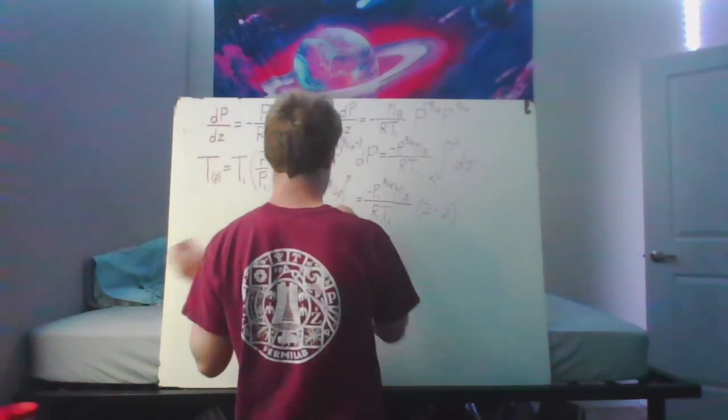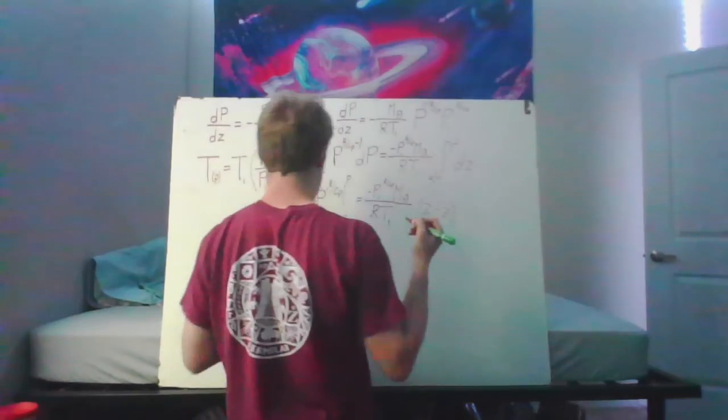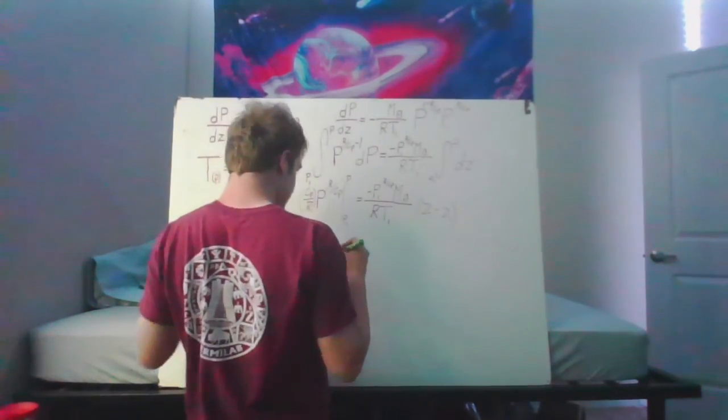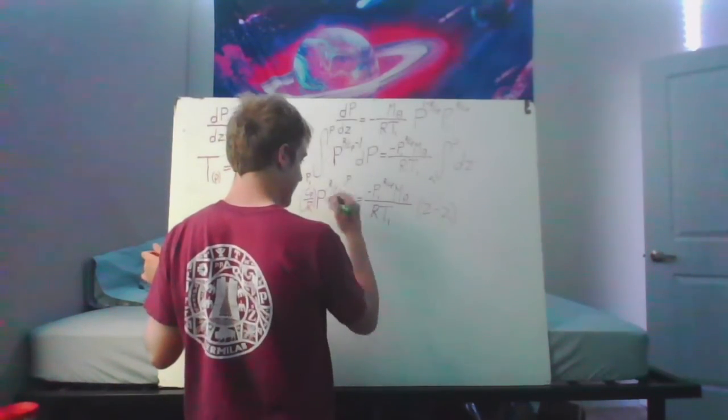And now we can notice that these R's here will cancel, and we can divide this Cp over to the other side and evaluate this.